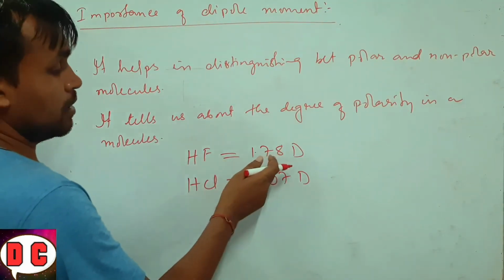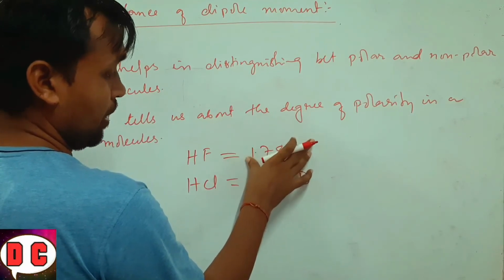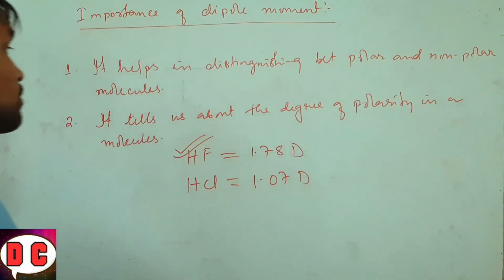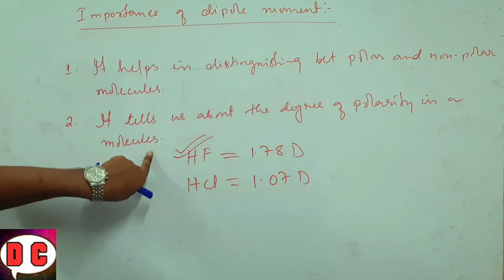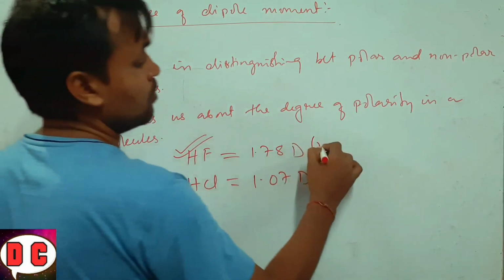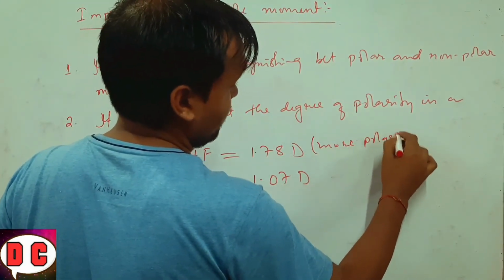Of course, the dipole moment here is high, so the polarity will also be high. So dipole moment tells us about the degree of polarity of a compound. So HF will be more polar. Understood? Because the dipole moment is high.